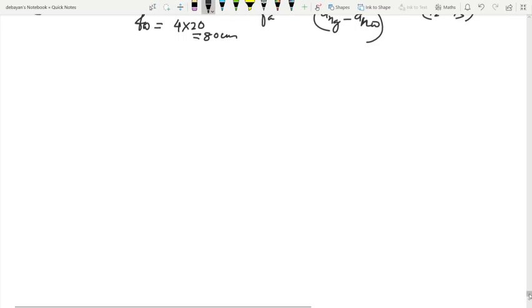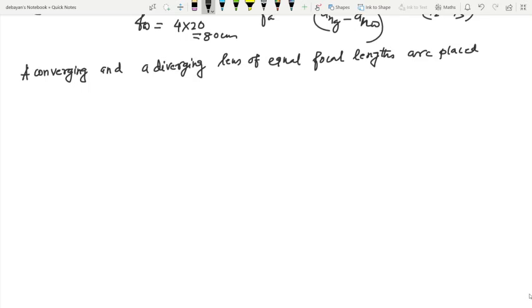Say a converging and a diverging lens of equal focal length are placed coaxially in contact, and you have to find the focal length and power of the combination.